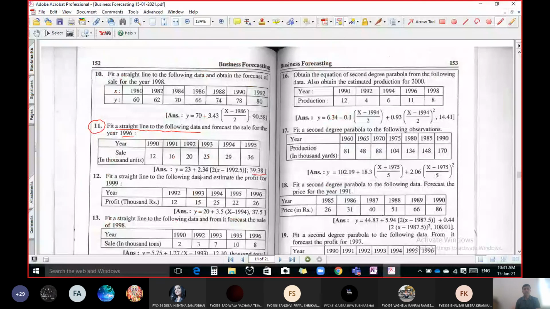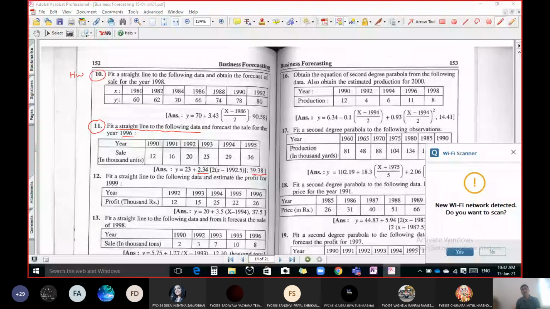Question number 10 is the same as this. You can consider this as homework. Just tell me what we have to do to convert this year into x. Don't consider this as x. Consider this as year, and x equals year minus what we have to subtract. Because it's an odd number, it's better to subtract 1996.